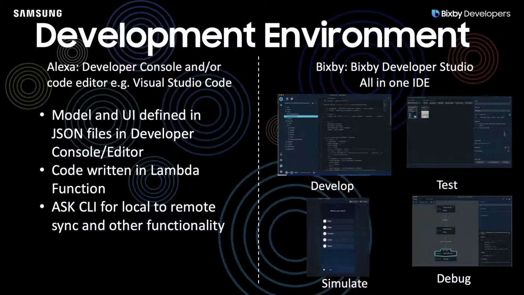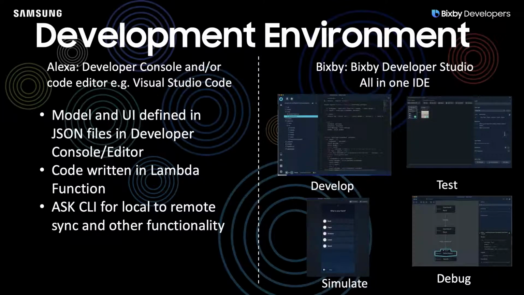The development environment. This is something really different between the two platforms as well. So Alexa, you're probably setting up what modeling you do in that developer console. In other words, your slots, your intents, your example phrases, and then using something like Visual Studio Code or one of the online code editors that Amazon offers to actually write your Node.js code.